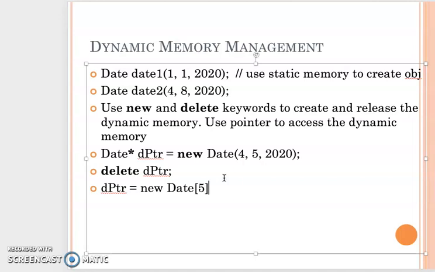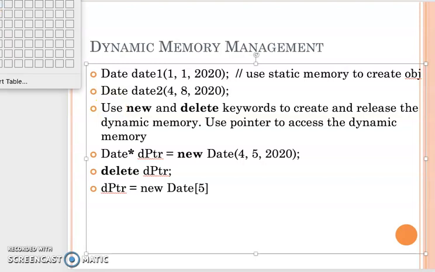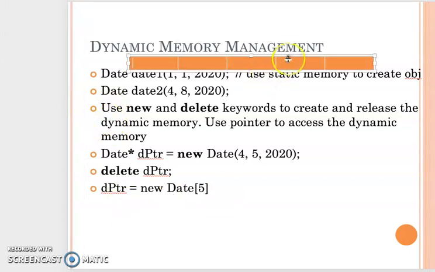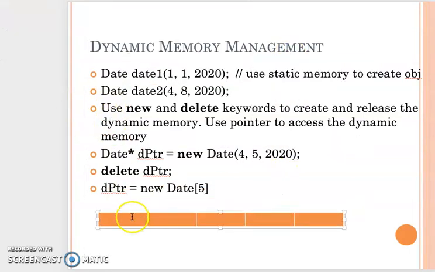For example, I can create 5 date objects and point to that. If we do that, what happens? It looks like I have 5 objects, and each one is a date object.